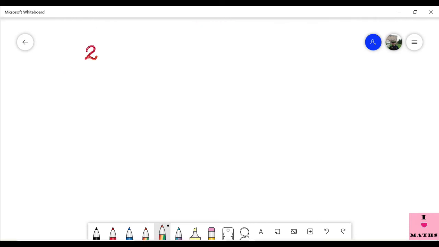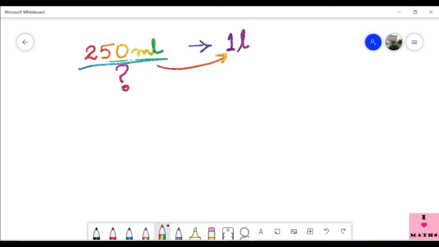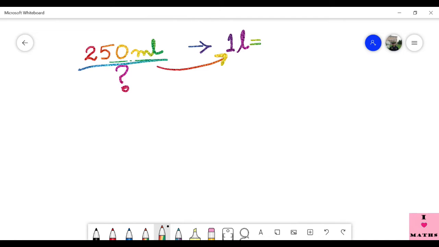If we have a 250 milliliter bottle and we want to use this bottle again to fill up a 1 liter bottle, so how many 250 milliliter bottles are required to fill up 1 liter bottle? 1 liter is equal to 1000 milliliter.